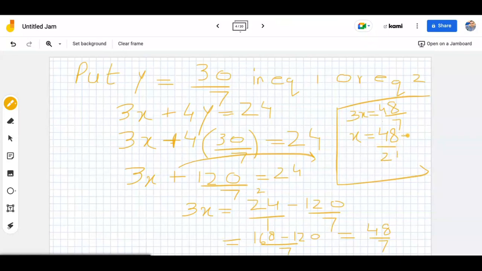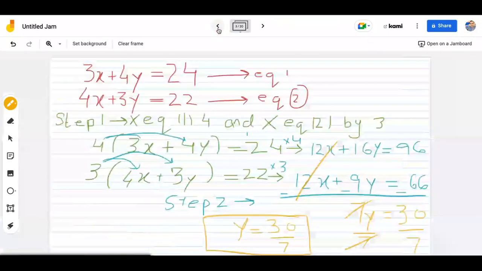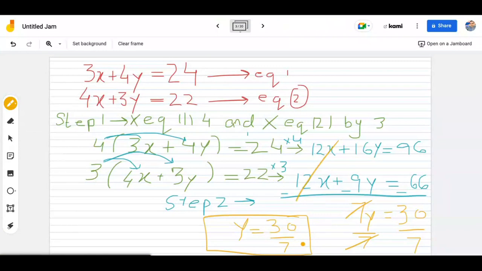We can simplify with the table of 3. So x will be equal to 16 over 7. So we got an answer. 16 over 7 is our x, and y equal to 30 over 7.